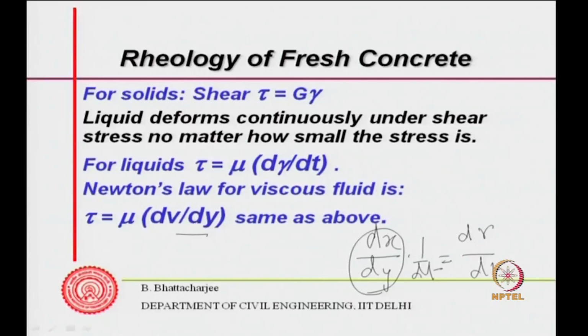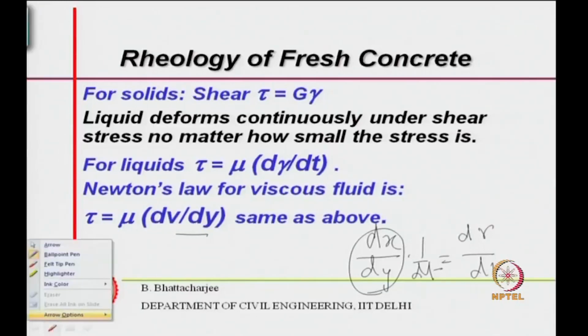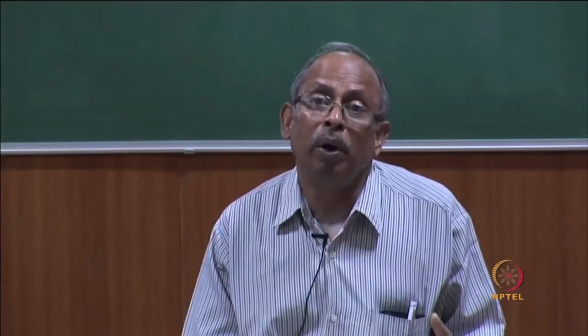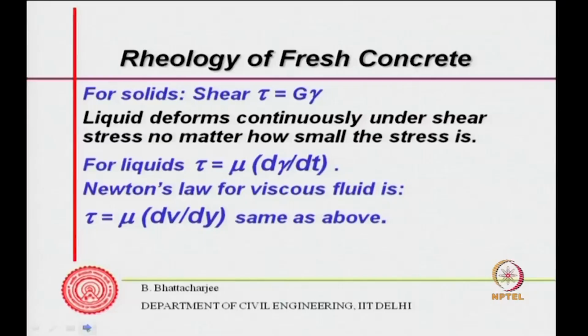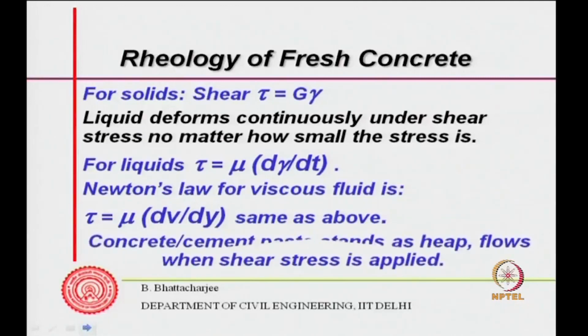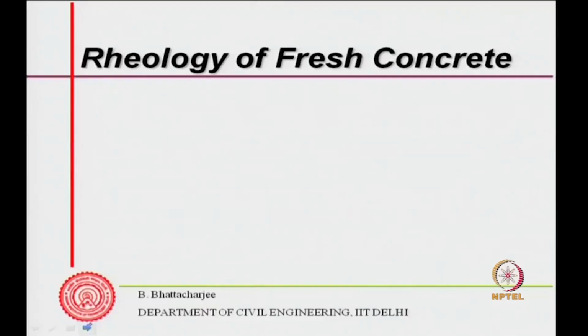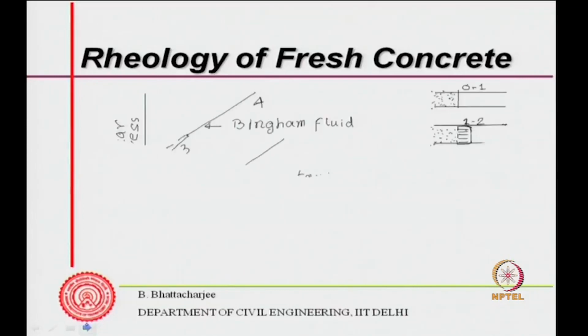So, mu, viscosity, is the property, but in case of plastic, all this will happen only after a certain point of load application, in other words, after a certain stress has been applied. So, it flows when shear stress is applied. Up to a certain shear stress it does not move, but beyond that it starts moving.